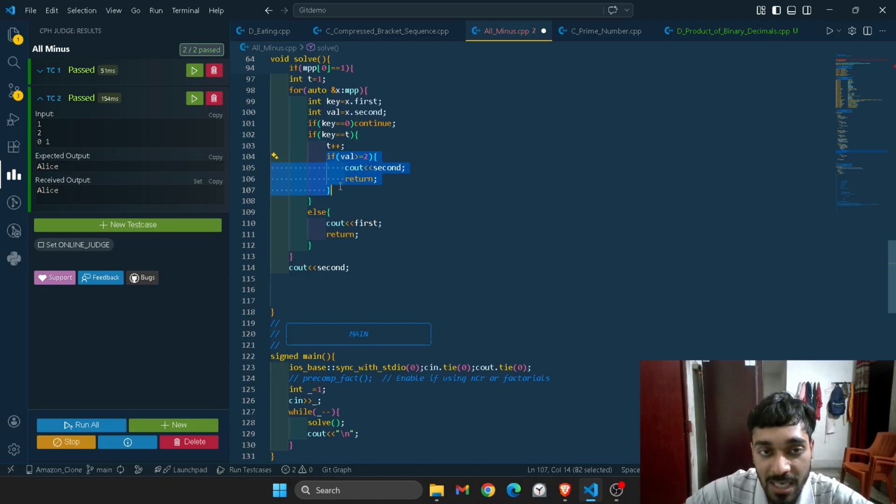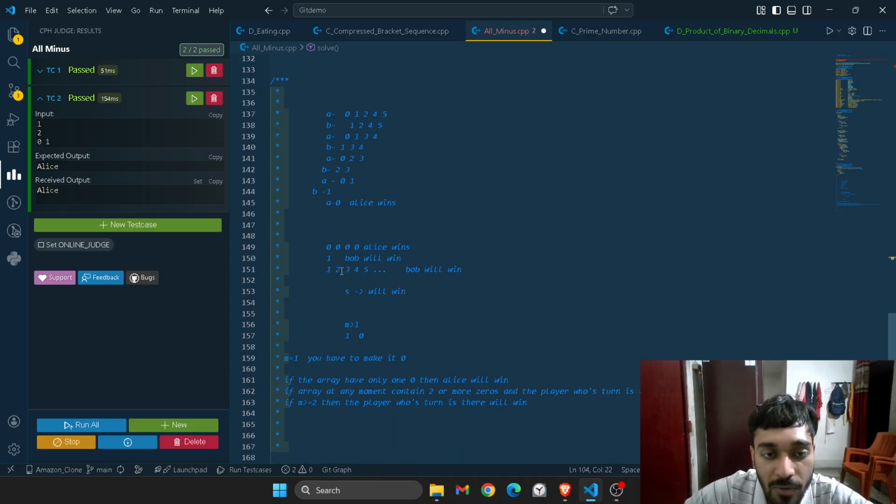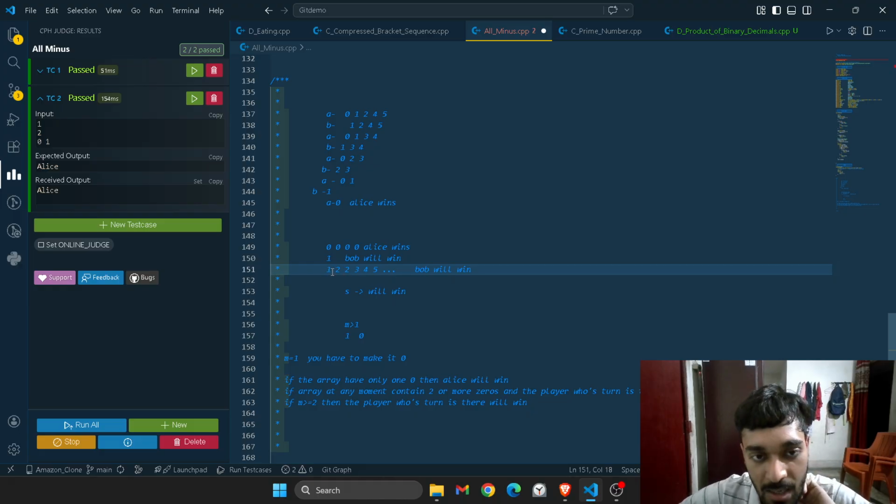But here is a special case. If the value is greater than or equal to 2, let's assume here I had two twos, then what would have happened? Let's think Alice's chance is there. So Alice will come and transform this to 0, 1, 1. After that, Bob will come and remove that 0.